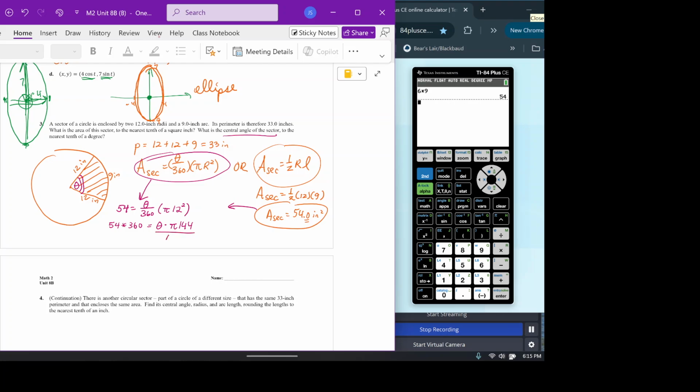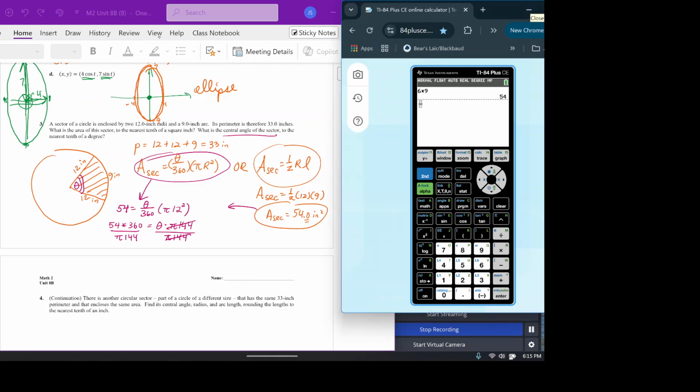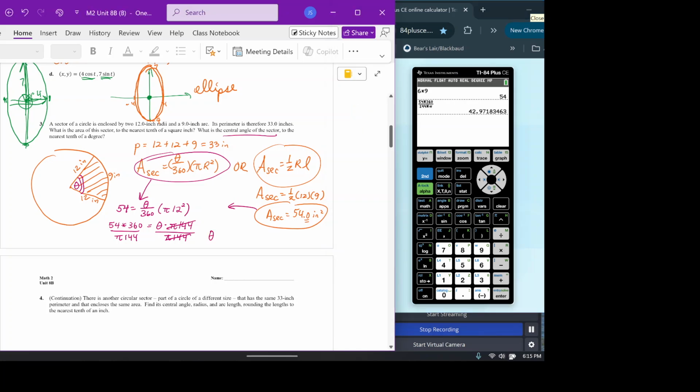And then if I divide the pi 144 under, then I can punch all that into a calculator. So I've got 54 times 360 on top, and 144 times pi on the bottom. And we end up with theta being about 42.97 degrees. So to the nearest tenth of a degree, 43.0 degrees.